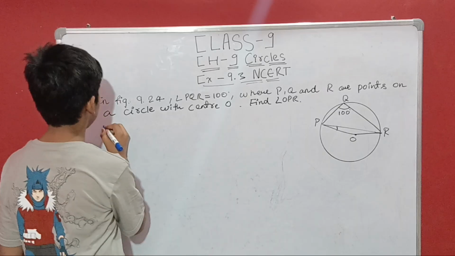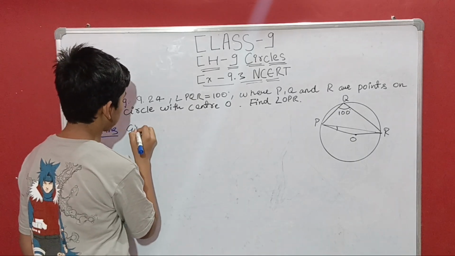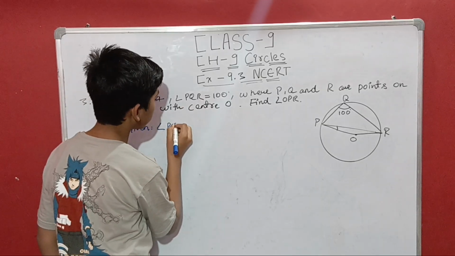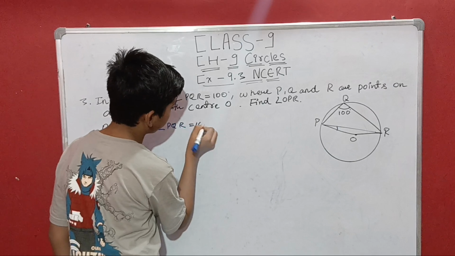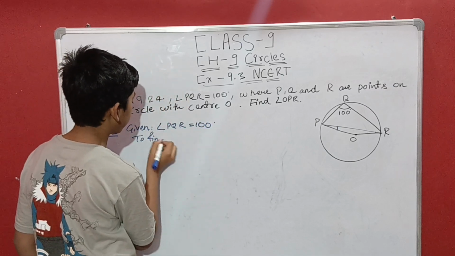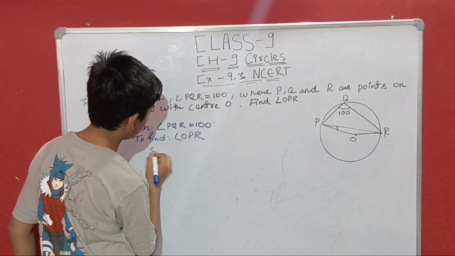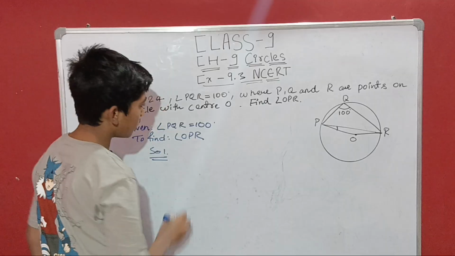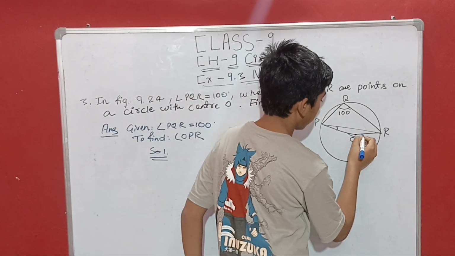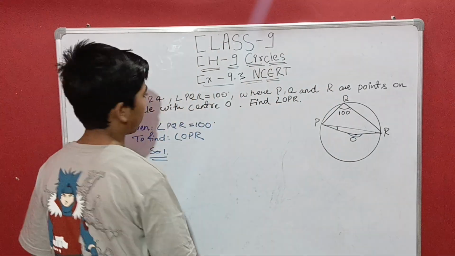First we shall write the given, which is angle PQR is equal to 100 degrees, and we have to find angle OPR. So we know that this angle is equal to 2 times this angle because of theorem 9.7.